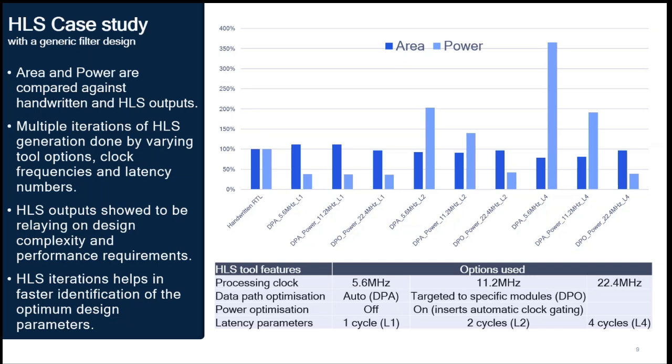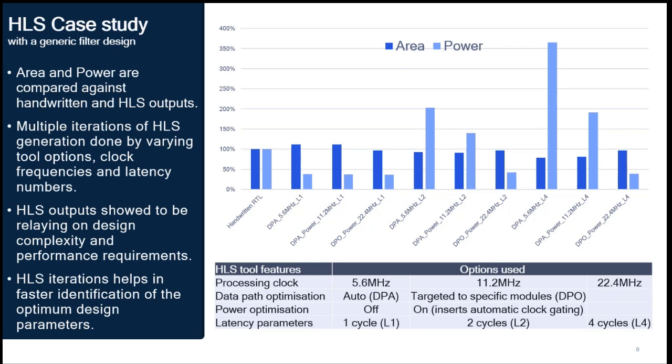We changed the processing clock. The tool offers a few options, like we can do some optimization. The tool also helps with power gating. It also tells whether you need automatic clock gating inserted or not. The tool helps with that. The last one is quite important.